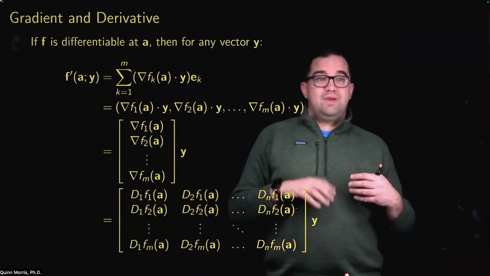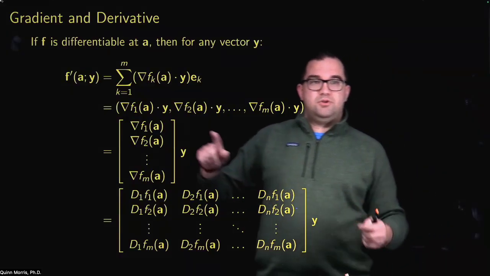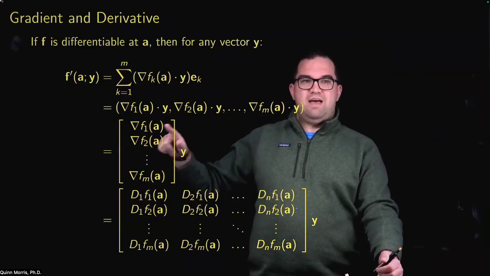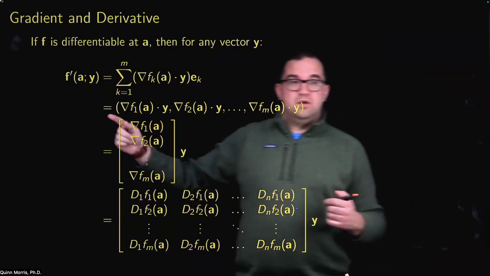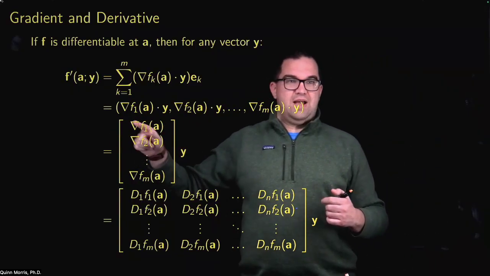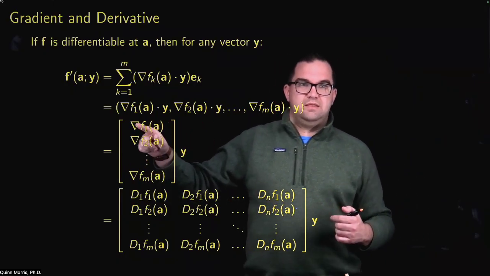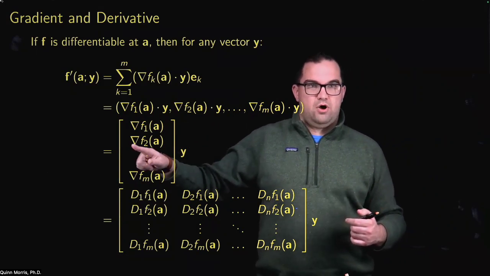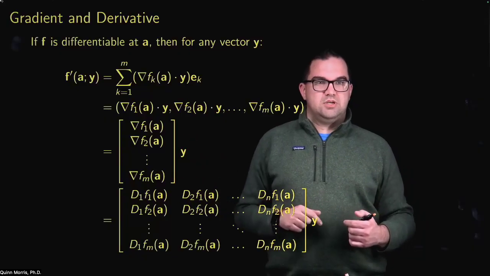I can therefore re-express this as a matrix multiplication. In the first row, I have the gradient of f1. Remember, that is a vector in Rn, and I'm thinking of this as a horizontal vector. So the first row has the n entries in the gradient of f1. The second row has the n entries in the gradient of f2, and so on and so on.